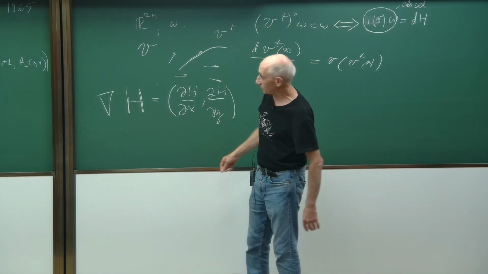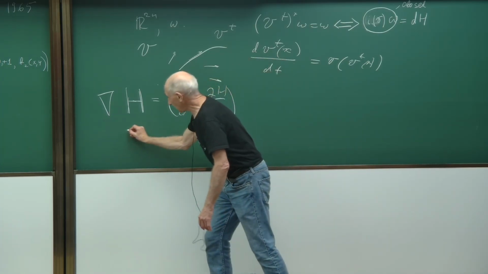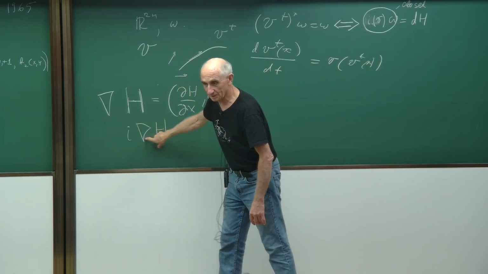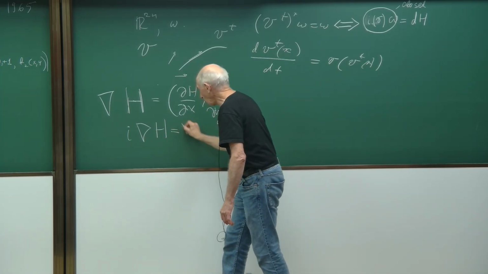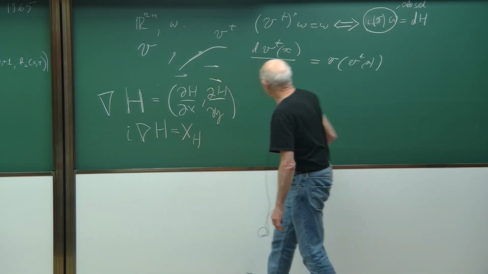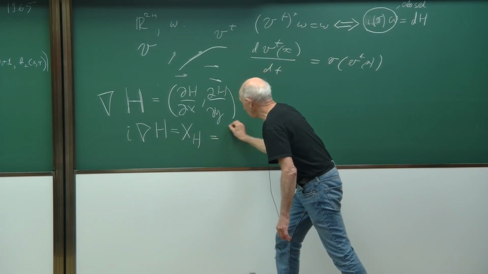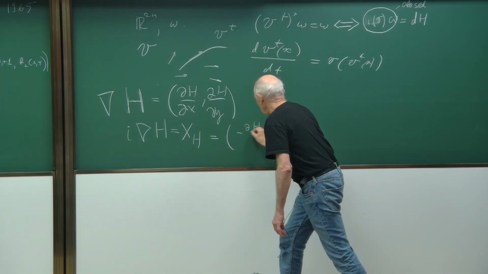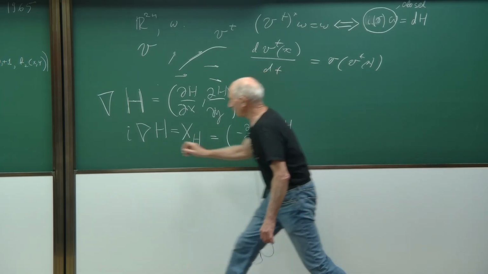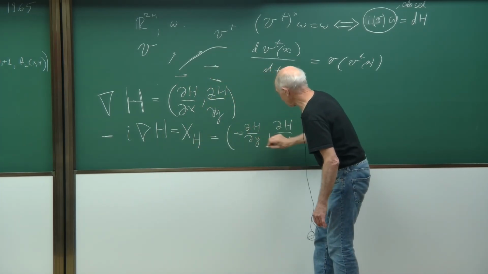Our symplectic form was a scalar product twisted by I. So now I take the gradient rotated by this, and I will call this X_h. What is it? It will be minus dh over dy, dh over dx. Actually, I think I want the minus. I take minus this, and then I have a plus or minus. I want this.